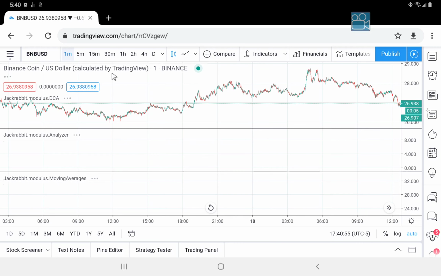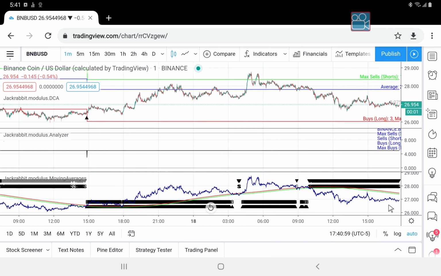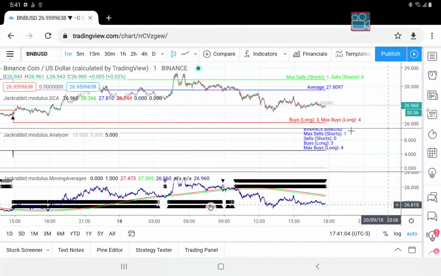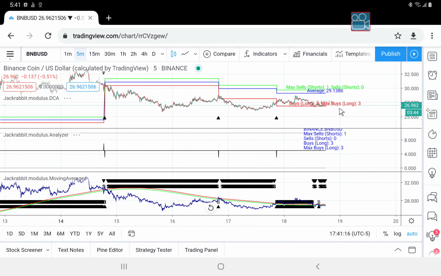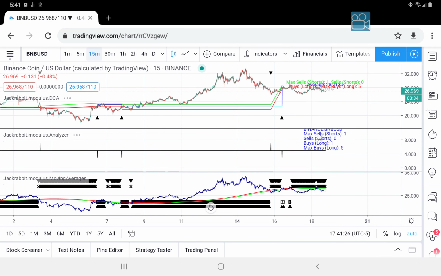And because you are limiting the amount of exposure to this coin, even with it not being a high market cap, for the last 3.5 to 4 days, you've only risked $40. Go up here to the 5 minute, only $30. Go up here to the 15 minute, only $50.